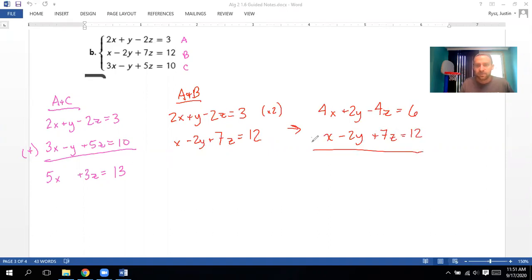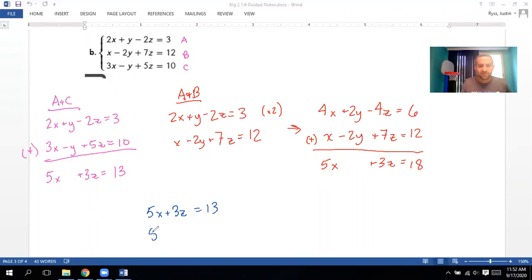Okay, so add them up together. They are opposite now with the y's. We got 5x's, and then over here we got 3z, and then equals, add them up together, 18. Oh man, what's gonna happen here? Now when we stack these up together, you guys can probably already see a mistake. First one, I got 5x plus 3z equals 13.